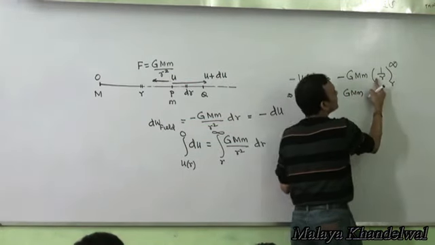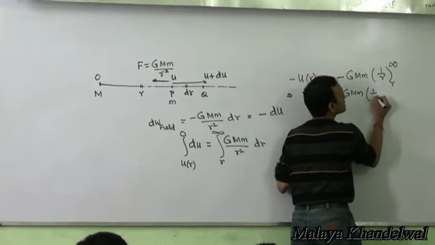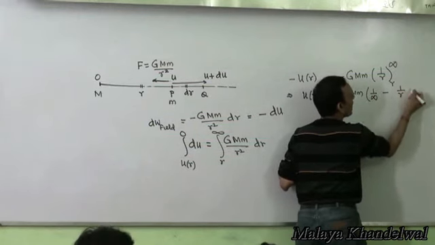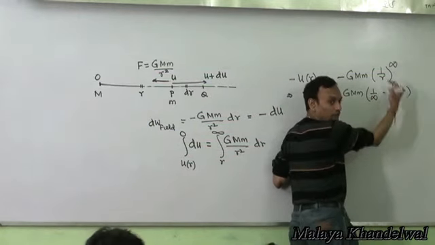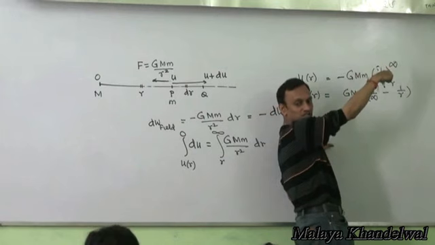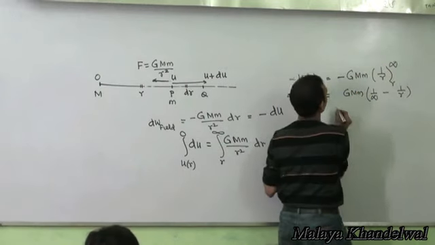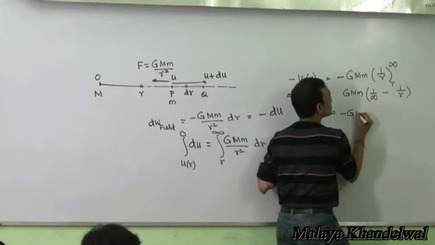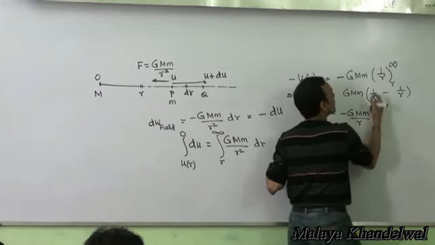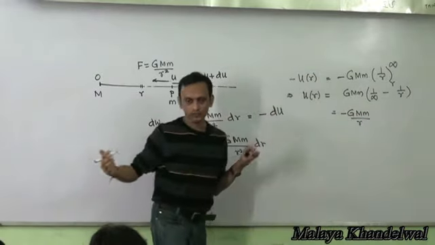Now the minus sign gets cancelled. This is 1 by infinity minus 1 by r, when I supply the limits, yes or no? It's minus GMm by r, because 1 by infinity is 0.